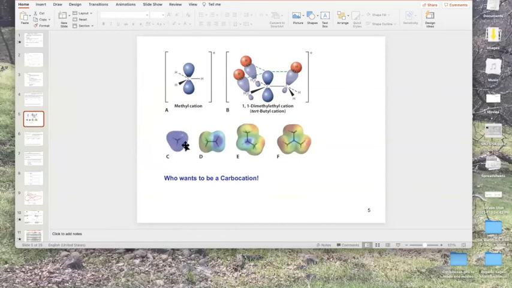Blue's representing positive charge. And then when we go to a primary carbocation with a methyl there, it's donating some electron density to the carbocation. So it's a little blue. The blue area is smaller, right? So primary carbocations are lower in energy than methyl, but they're still just too high in energy for us in lab normal situations. Then we got a secondary, 2 sp3 carbons donating.